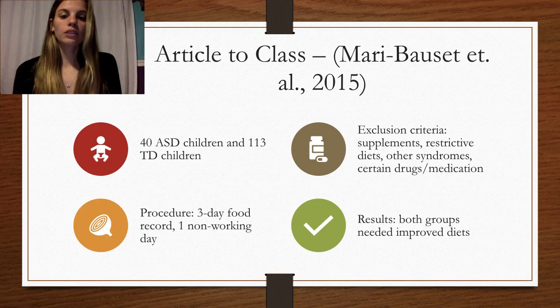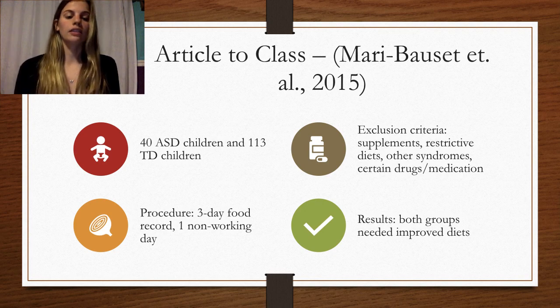They compared the results to a group of 113 typically developing children, 64 boys and 50 girls, of the same age from a different school in Spain. In order to be included, the children could not be taking dietary supplements or be on dietary restrictions, such as the gluten casein-free diet.